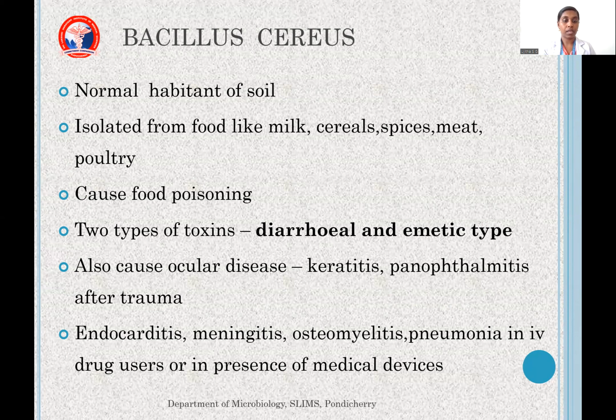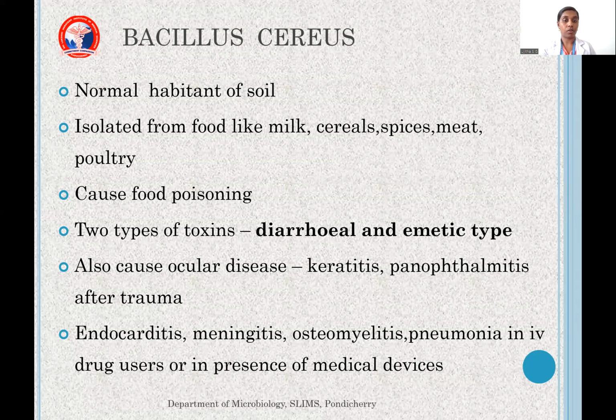And it can also cause a spectrum of illness like endocarditis, meningitis, osteomyelitis in the presence of medical devices. So the main thing that you should remember is that Bacillus cereus is known to cause food poisoning.